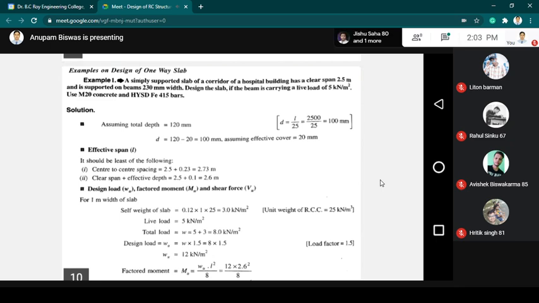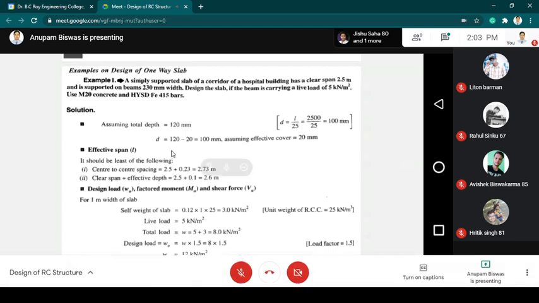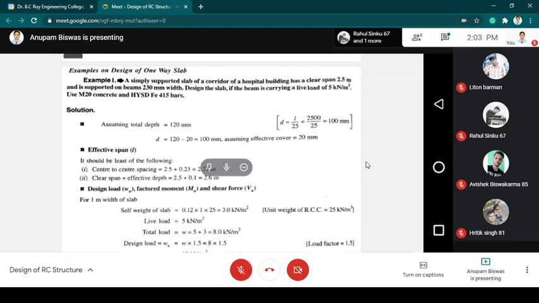The beam width is considered as 230 mm. So clear span plus width of the beam is 2.5 plus 0.23, which is 2.73. So the effective span turns out as 2.6 meter.